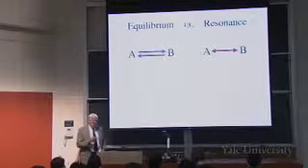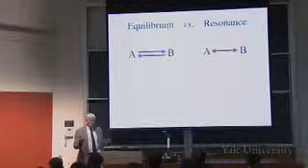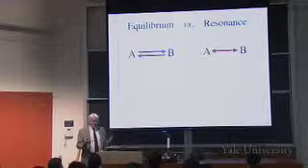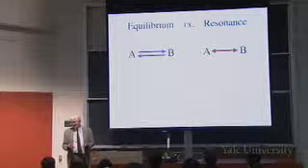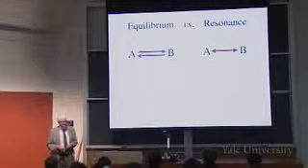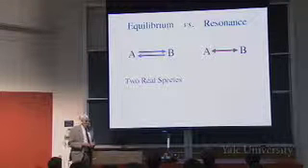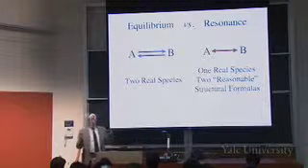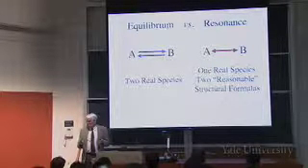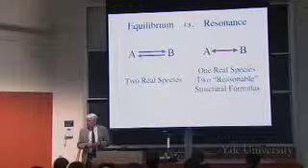So equilibrium is two arrows, and there are two structures that go back and forth. And resonance is a single structure that our notation isn't very good at drawing. Okay? So two real species, or one real species, but two reasonable formulas we could draw for it, or that Lewis would draw for it.